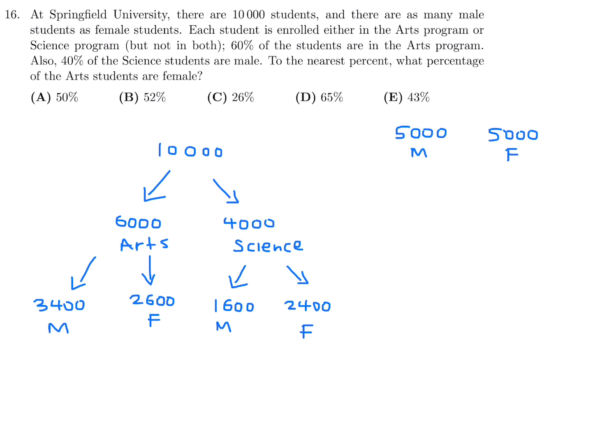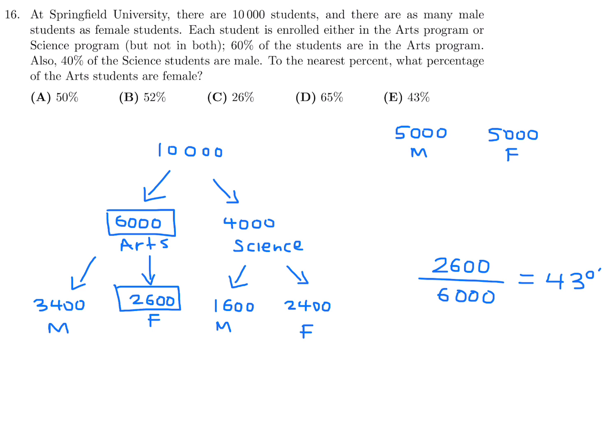What percentage of the art students are female? So art students, 6,000. And how many are female? Well, 2,600. So what they want is 2,600 over 6,000, and that, as a percentage, is approximately 43%. So number 16, the answer is E.